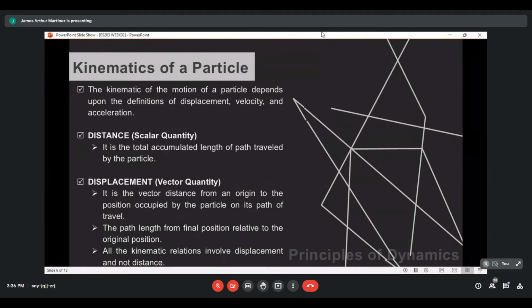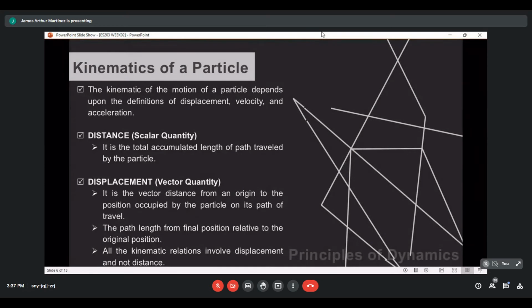You only consider the length of that path from the initial position to the final position. And since it is a vector quantity, its direction matters. So it has both the magnitude and the direction of your displacement. So why is it important to distinguish between distance and displacement?